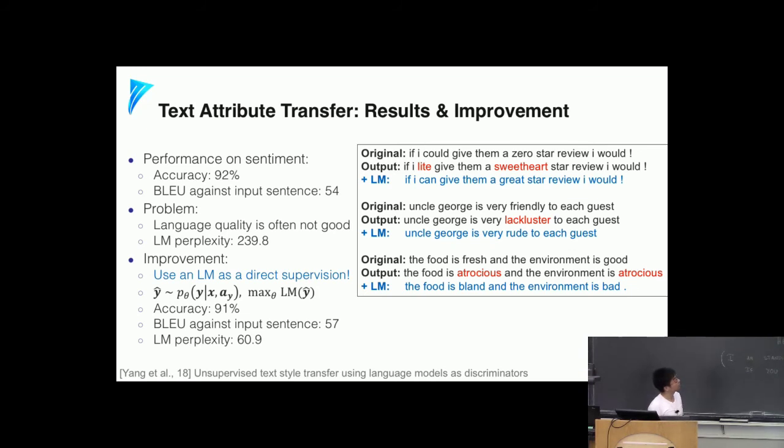And here's the result. In this sentence, "if I can give them a great star review, I would", this is a correct sentence, and it has a positive sentiment. And in this example, from friendly to rude, this is a pretty decent sentiment transfer.